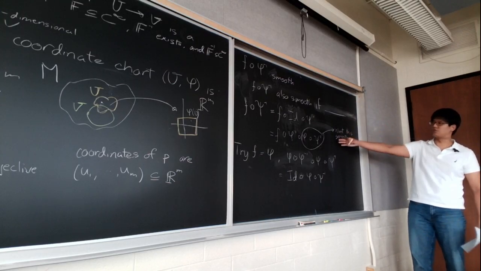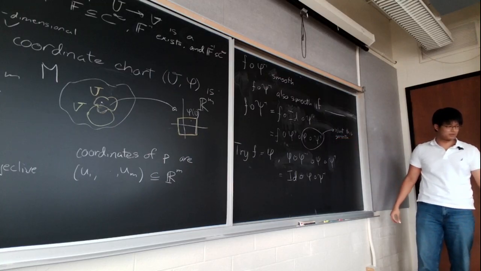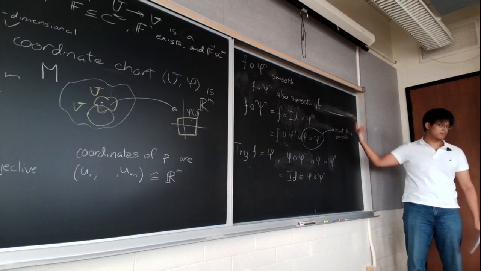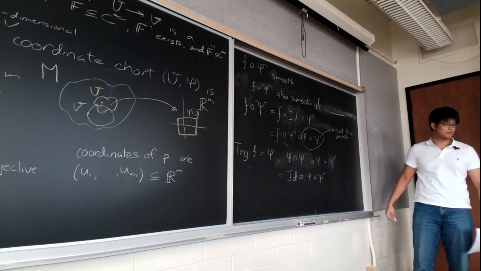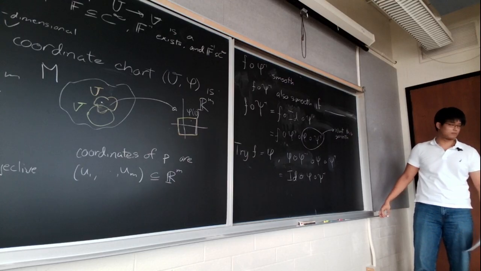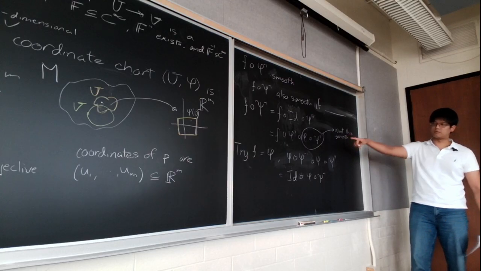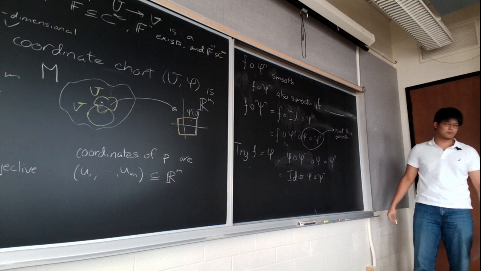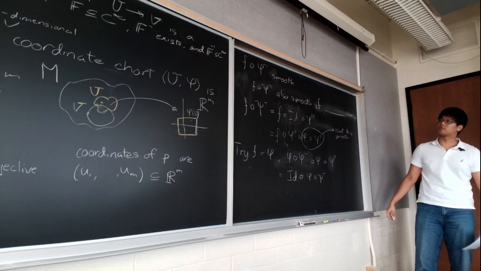Okay. What did you do? So in the previous one, we proved this direction. We proved that if that is smooth, then that holds. Now I want to prove the opposite direction. Suppose F composed with psi inverse is smooth for any F such that F composed with phi inverse is smooth. Suppose that is true.